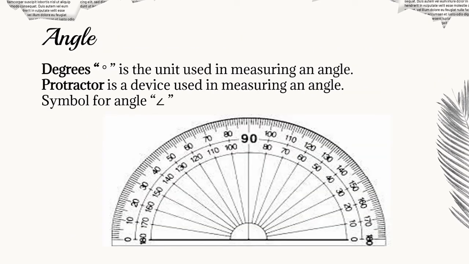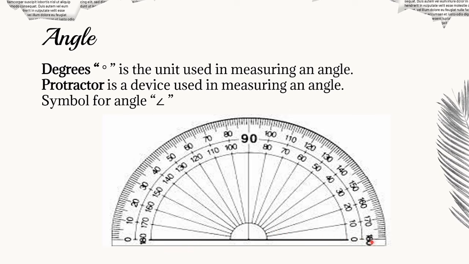Next is an angle. An angle is a figure formed by two rays called the sides of the angle, sharing a common endpoint called the vertex of the angle. Angle has the degrees. Degree is the unit used in measuring an angle, and we have a tool in measuring an angle that will be the protractor.